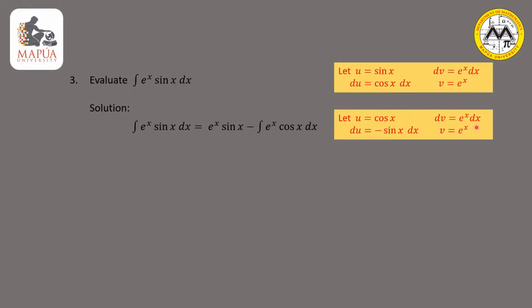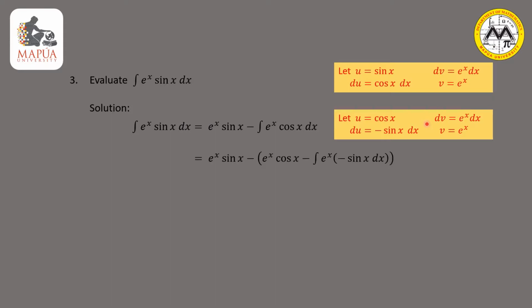A word of precaution: when you are applying integration by parts the second time, u should not be the v of the previous application, and dv should not be the du of the previous application. Now, if you will follow the LIATE acronym, then you will not go wrong in assigning what your u and dv are, even if you are working on the second application of IBP.